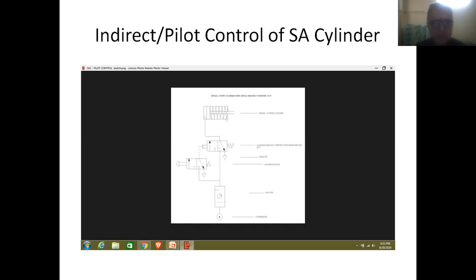cylinder. And friends, we can see the arrangement of the DC valve. In the case of the DC valve also, 3 ports are made inside the DC valve. So therefore it's also referred to as a 3-way valve.